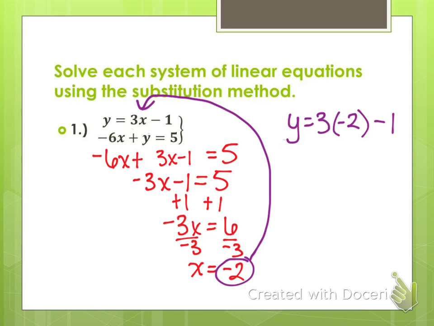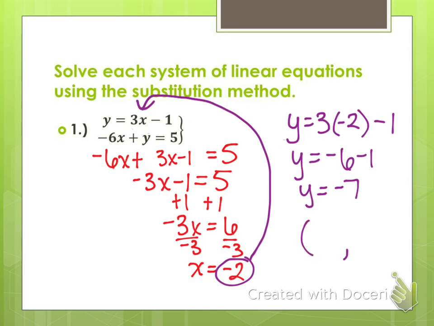Solving this should be straightforward. We just do order of operations. 3 times negative 2. Anybody? Negative 6. Negative 6 minus 1 is negative 7. Step 5 on that chart said that we still have to write our answer as an ordered pair.